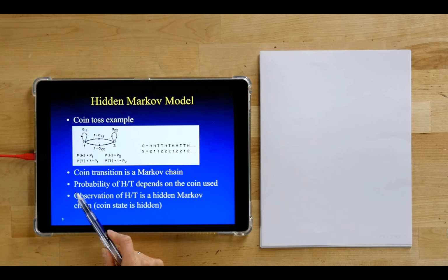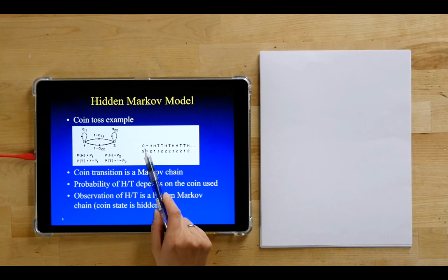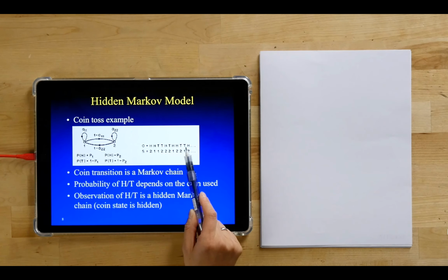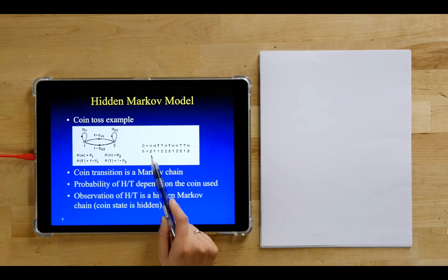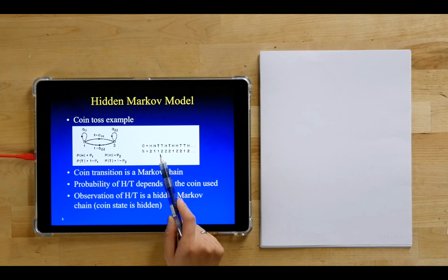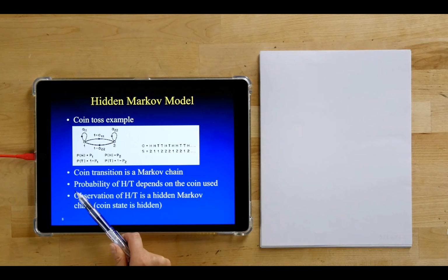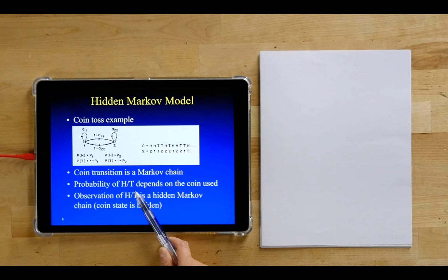However, what we are observing here, instead of the coin, is that we use that coin to make a flip, and we ask, did you get a head or a tail? So in this case, the head and tail is the actual observation. But the states are whether we're using the biased coin or the fair coin to make the flip, and so on. So the probability of a head or tail depends on the coin you use, because they have different probabilities of giving a head or a tail.